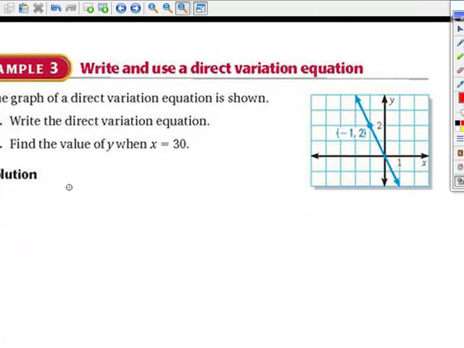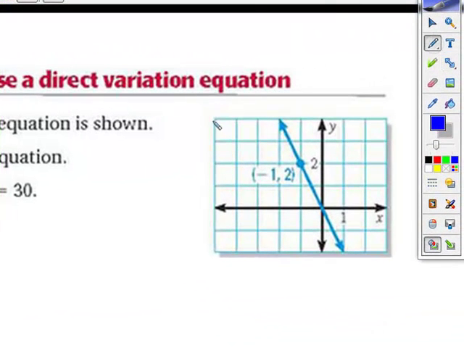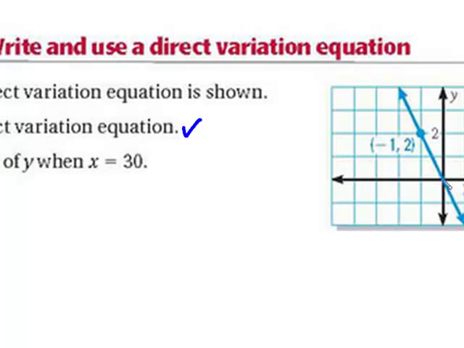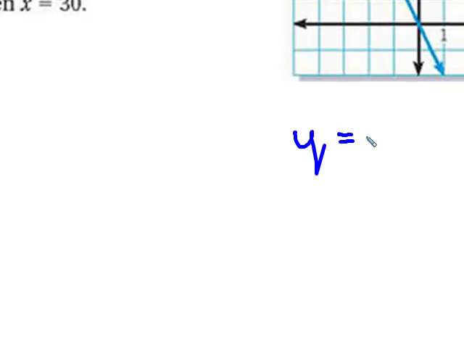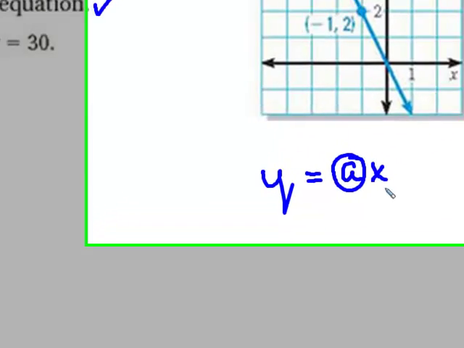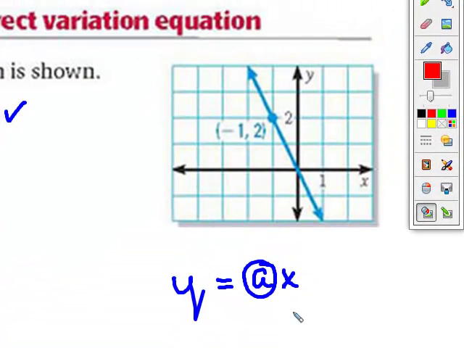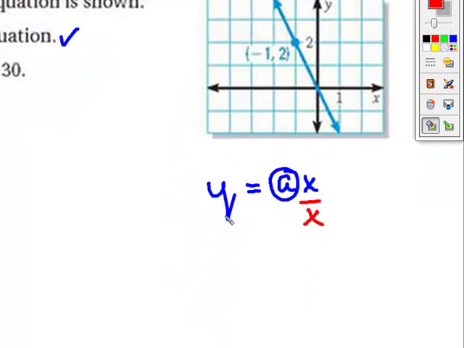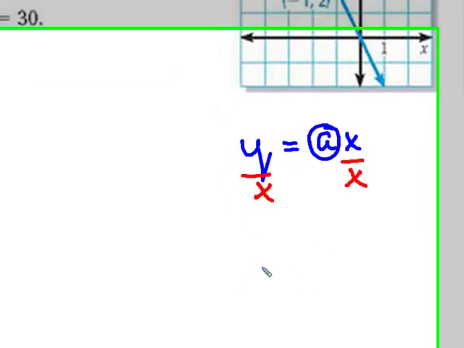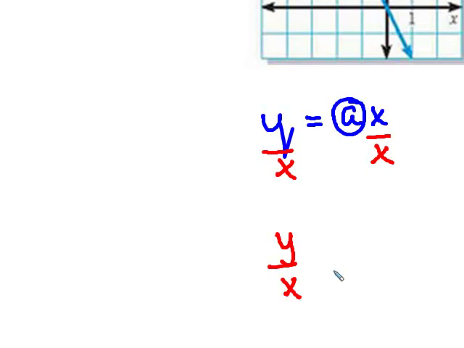Alright, next, the graph of a direct variation is shown, and first they want us to come up with the equation. Well, I can come up with the equation by doing my rise over my run, but I also want you to notice that if we have y equals ax, if I want that a value, I can solve for it by dividing by the x. So this is kind of cool. So y divided by x will give you your a value.